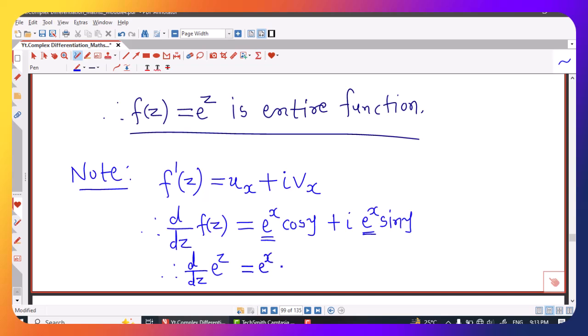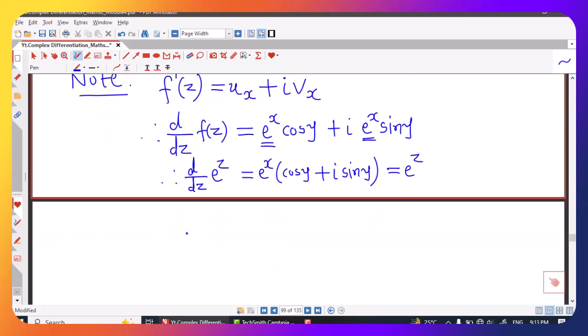We take e raised to x common, and here we are left with cos y plus i sin y, and this is nothing but e raised to z by the definition. So here also we find that derivative of exponential function is function itself, and this is true for all z in the complex plane.